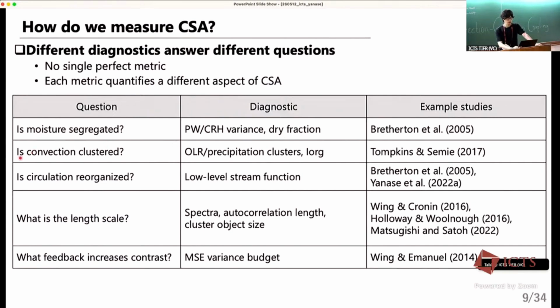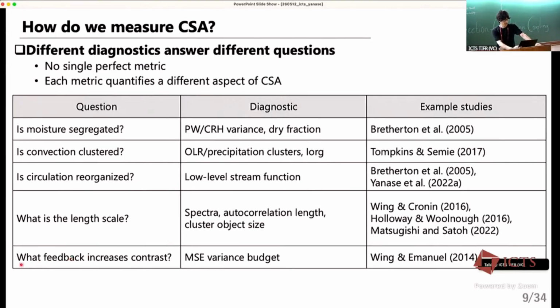When we ask if the convective elements are clustered, we use a clustering metric or some organization metric. When we focus on the circulation, and ask if it is reorganized, we use a metric related to the low-level inflow and other circulation features. When we ask what the length scale is, we use spectral or correlation length or object size statistics.